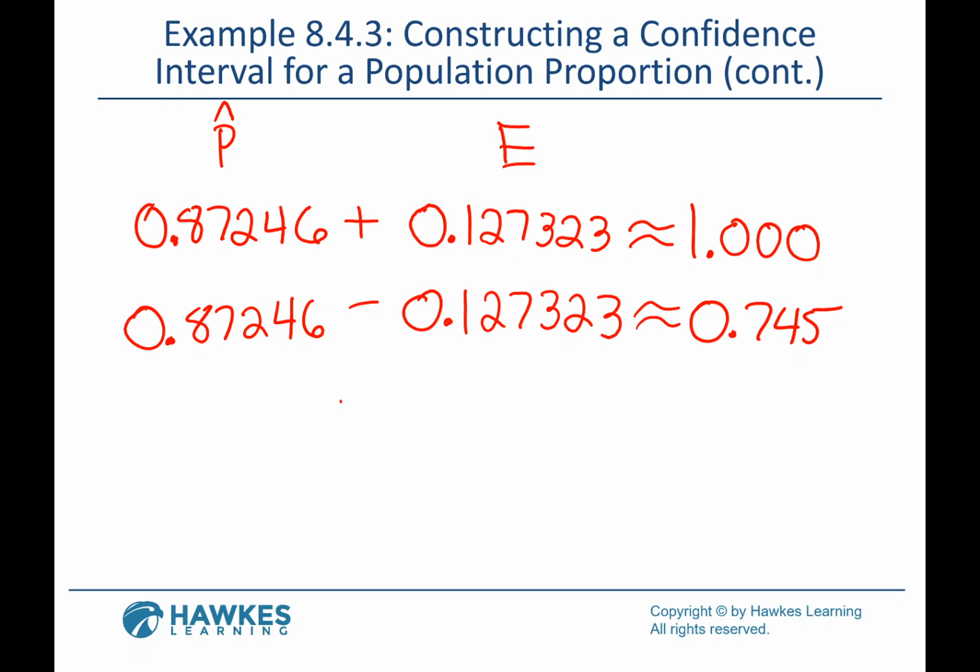So my interval is 0.745 to 1.000. I say that's unusual because that's the maximum you can get. 100% of people is maxed out.